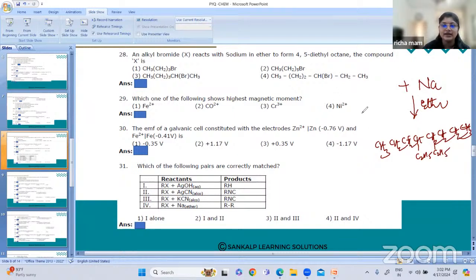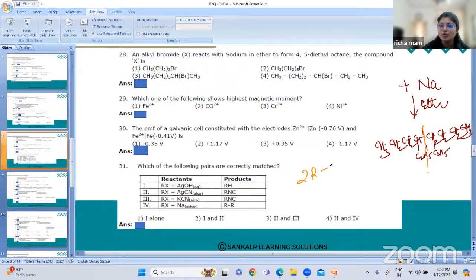What should be the alkyl halide? Yes, use the chat box. If I divide this molecule from here, we know that this is a Wurtz reaction.